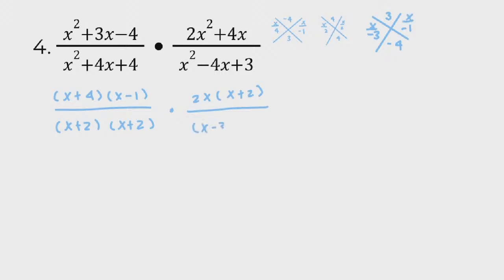So that's x minus 3 times x minus 1. So now we're looking for anything that matches on the top and on the bottom. In the numerator, we have x minus 1, and there's an x minus 1 on the denominator, so we can cancel those out. And we also have x plus 2 on the numerator and denominator. So our final answer would be 2x times x plus 4 over x plus 2 times x minus 3.